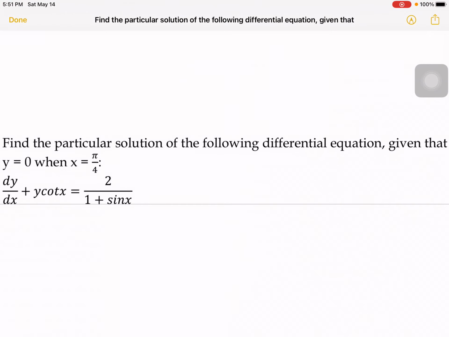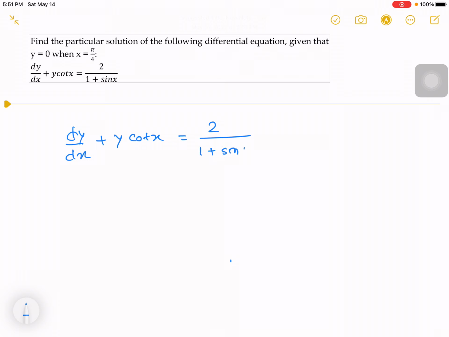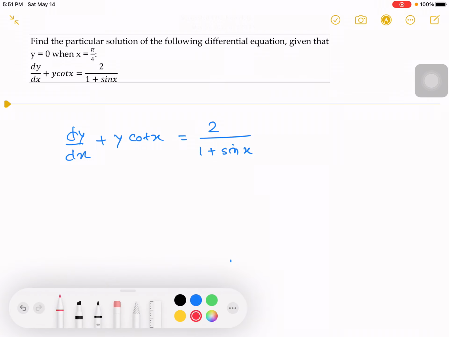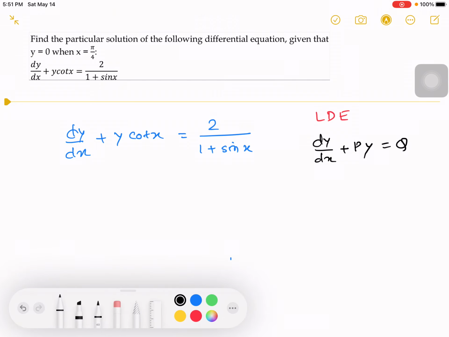So now in this question, we will write: dy by dx plus y multiplied by cot x is equal to 2 divided by 1 plus sin x. Students, we have read that a linear differential equation is always in the form dy by dx plus py is equal to q, where p and q are functions of x.